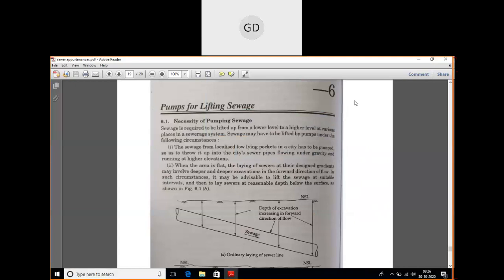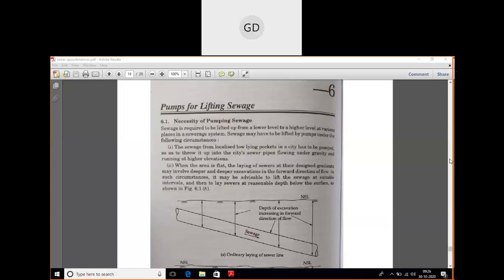So this part is about pumps. We don't need to go into much detail about pumps in this course. We just need to know why pumps are required for lifting the sewage. That part I missed that day.